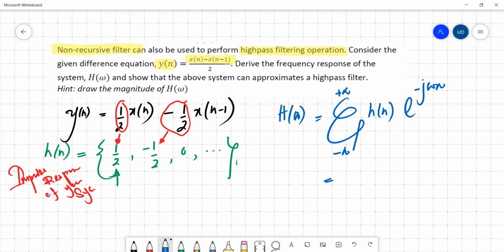So we have h0, which is half times e to the power minus j omega times 0, which is just 1. Then minus half, this is h1, e to the power minus j omega. Hope it's clear.